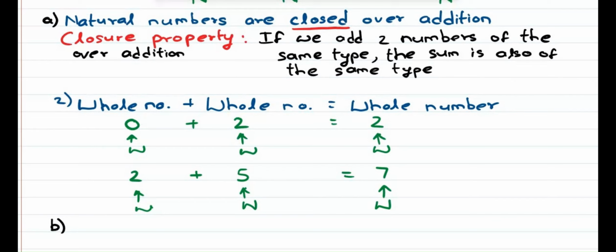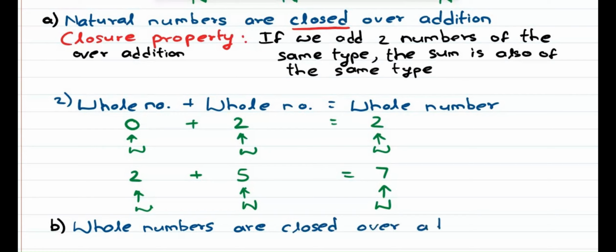Can you change this to whole numbers and tell me the statement? Whole numbers are closed over addition. Very nice. It's as simple as that. Whole numbers are closed over addition.